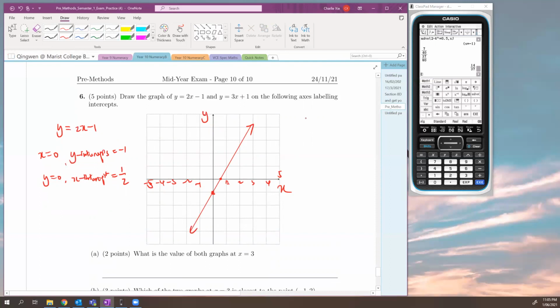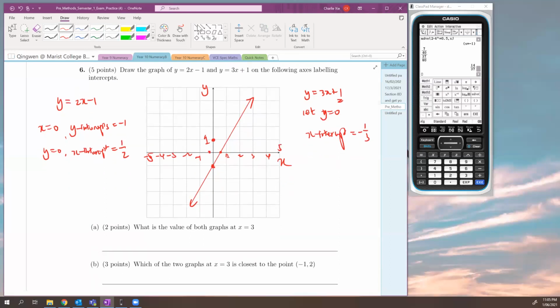And let's do our second equation. Y is equal to 3x plus 1. We can just read from the equation. It's plus c, your y-intercept. So 1. And when y is equal to 0, we have the x-intercept is equal to -1/3. Okay. Right, -1/3 somewhere here. So we have our second line.